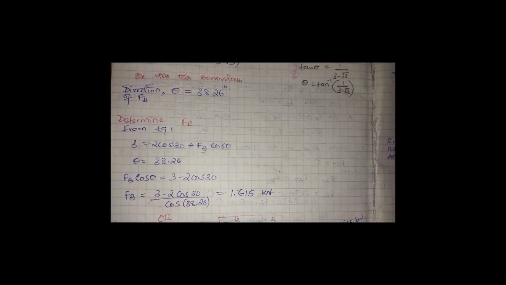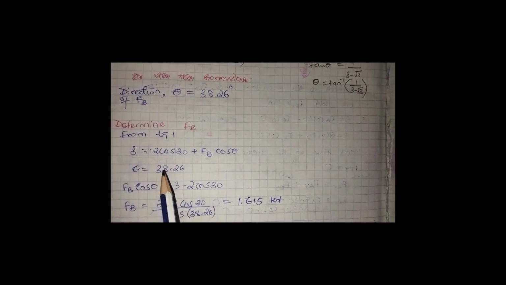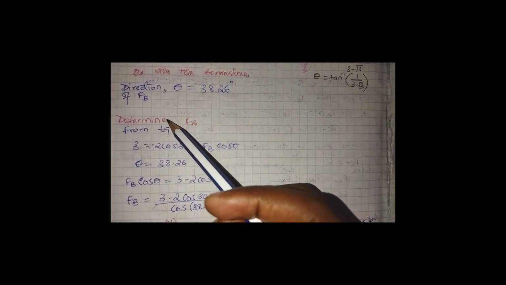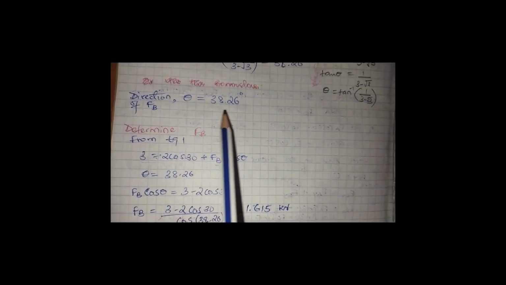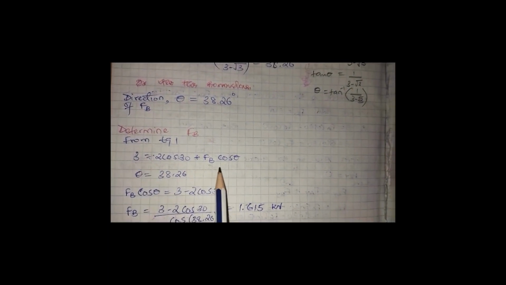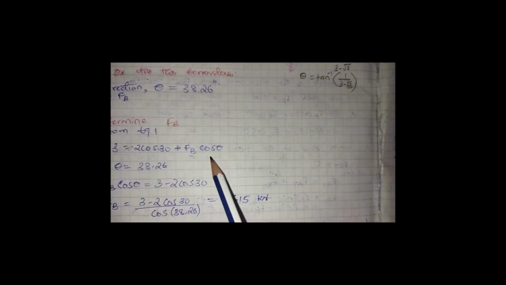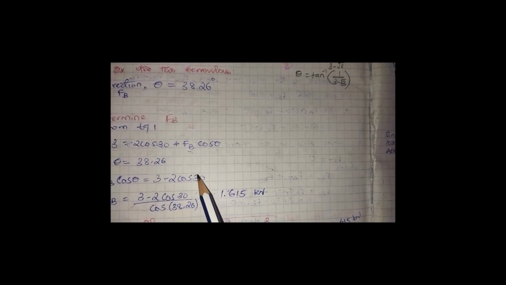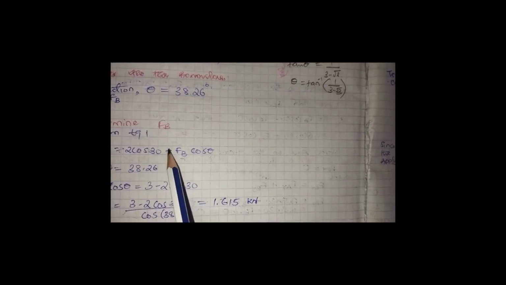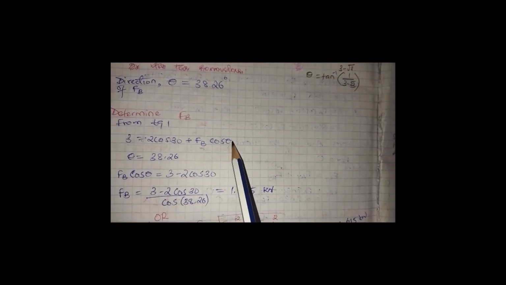Okay. So to simplify things, I went for equation 1 and just substituted what I have, because it's only theta that is missing in this equation. Then I solved for FB. Okay, so theta is the 8.26. I just substituted it directly, and then I made this subject of the equation.